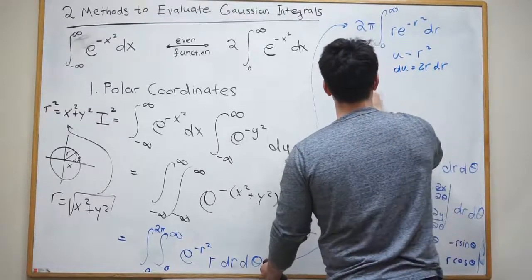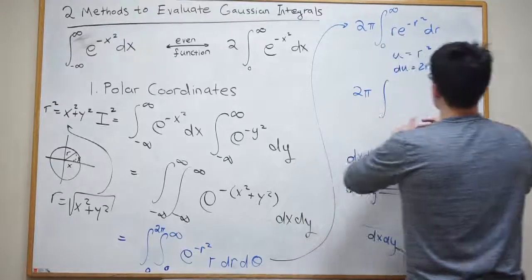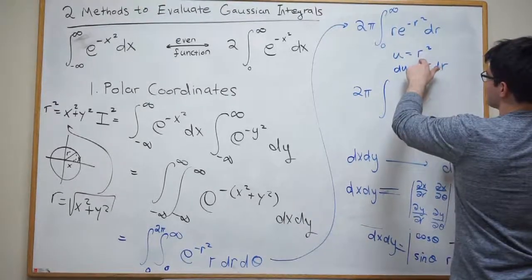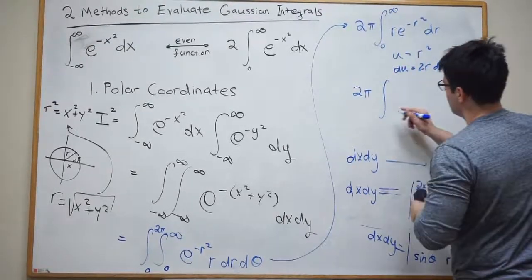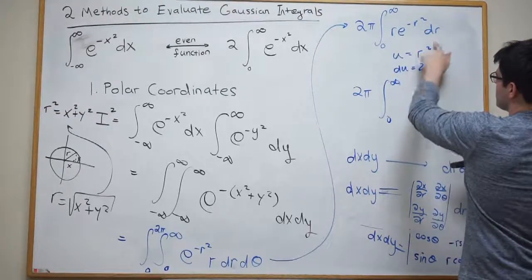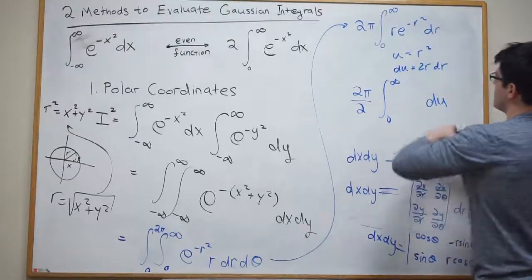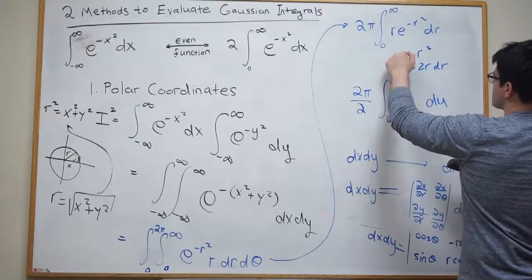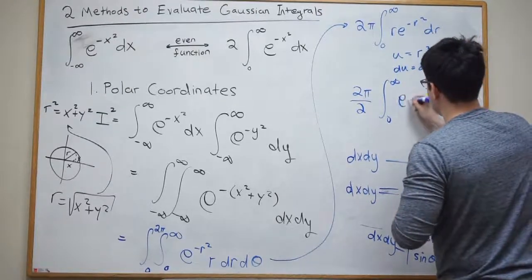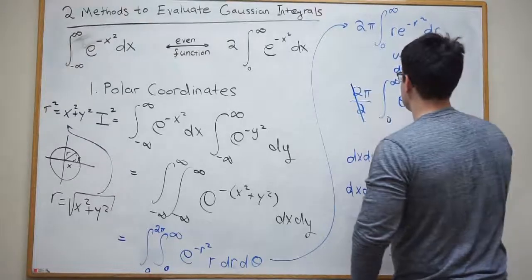And so we have 2 pi. We notice our limits of integration are still from 0 to infinity for u. They don't change. r dr is du over 2, so we have 1 over 2 du, and then e to the minus r squared is now e to the minus u. Okay, and so the 2's cancel.